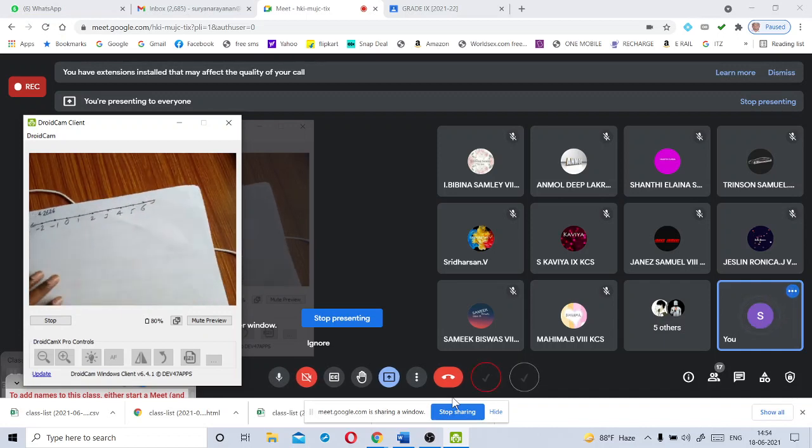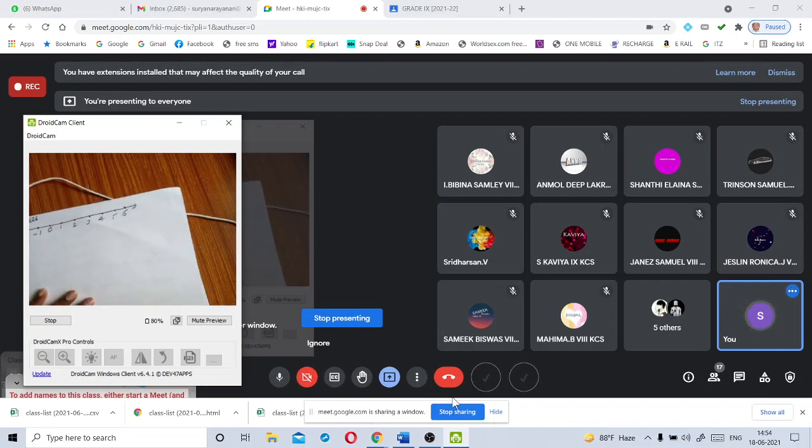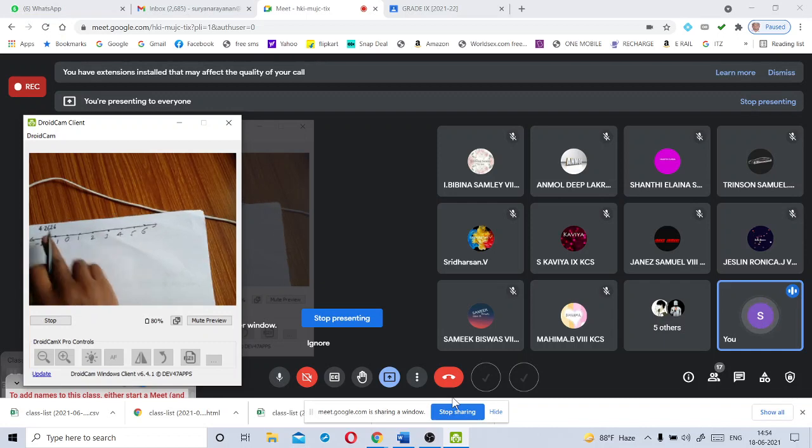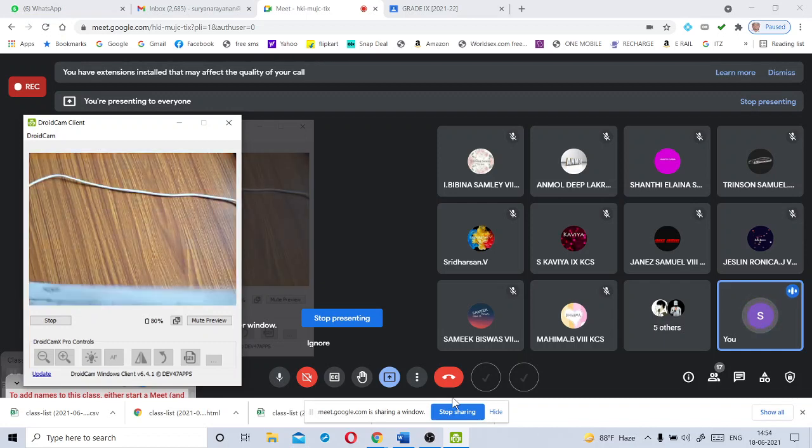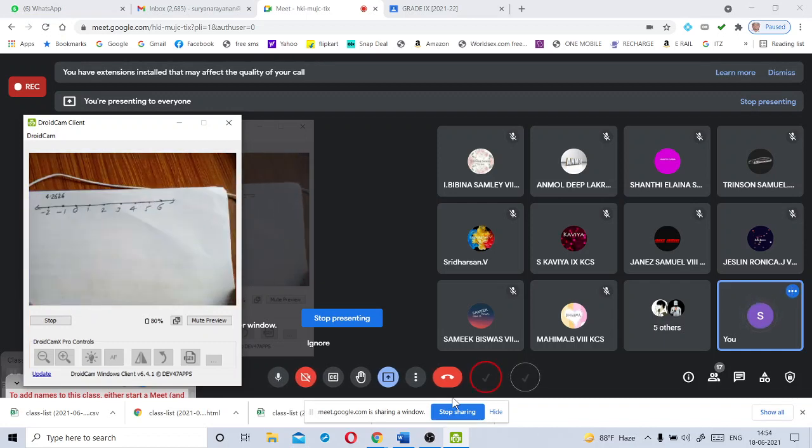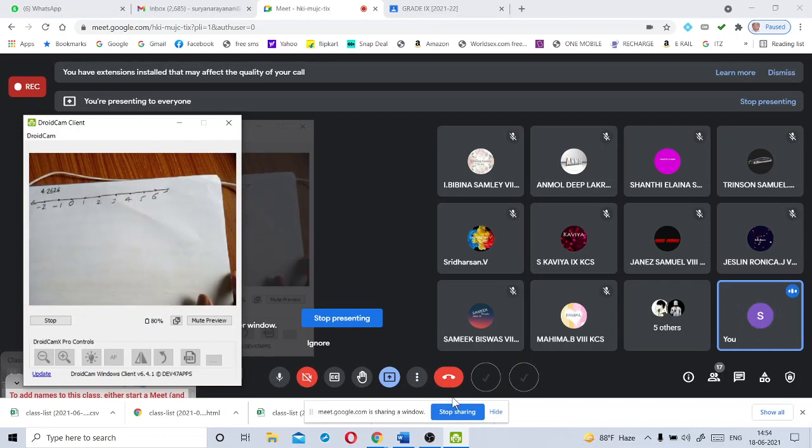In the first step, we have to take the whole number part and the first decimal place. If you take the whole number part and first decimal place, what will you get here? Tell me, my dear Anmol. From this number, if you take only the whole number part and first decimal place, what will you get?